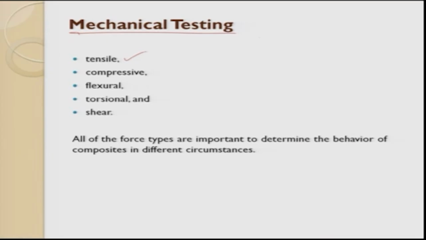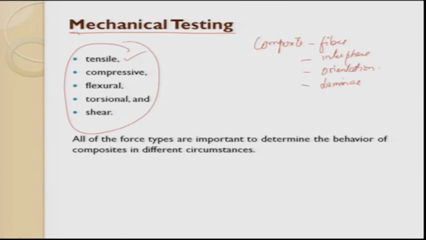But as far as composites are concerned, we have fibers, we have interface, and we have orientation, and then there are laminae. These are the variations which come in, so we are supposed to do almost all these tests to talk about the end product.